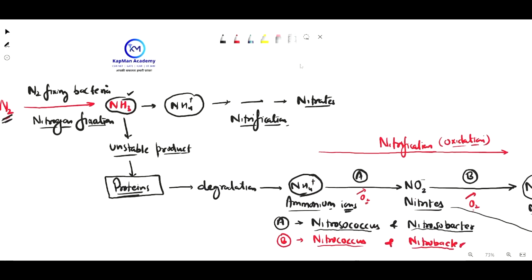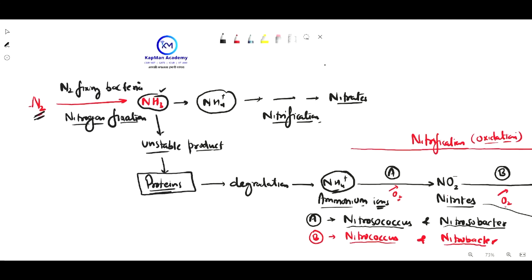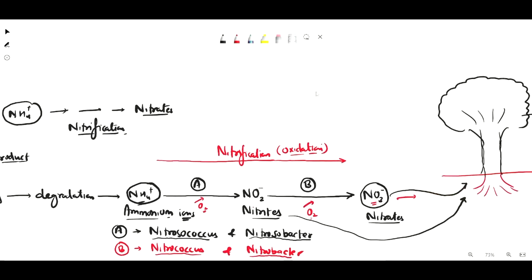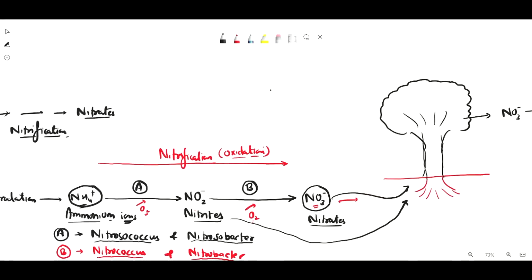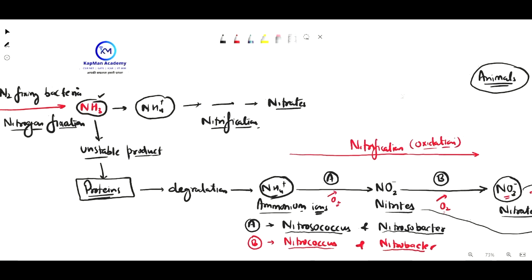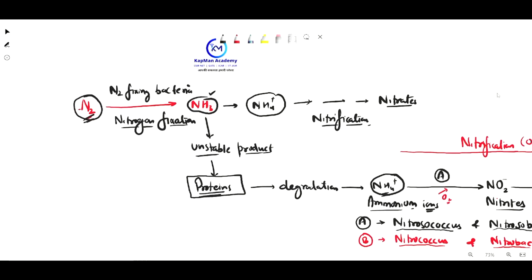So can you say that actually atmospheric nitrogen is the ultimate source of nitrogen for plants as well as animals. This is all about the nitrogen cycle. The nitrogen cycle starts from N2, which is converted into NH3 by the process of nitrogen fixation, and that will be incorporated into proteins.